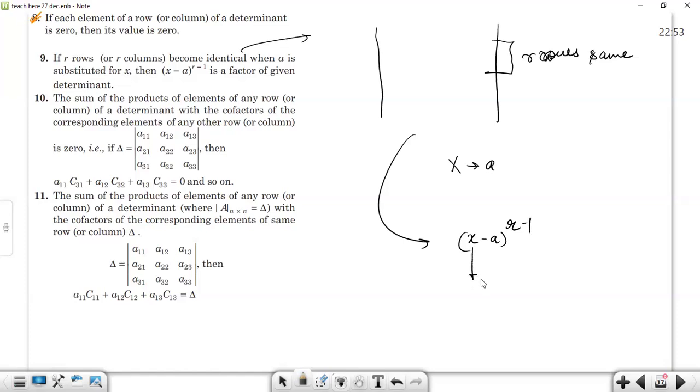Here X was the variable earlier, A is the new substitution, and R is the number of identical rows or columns.